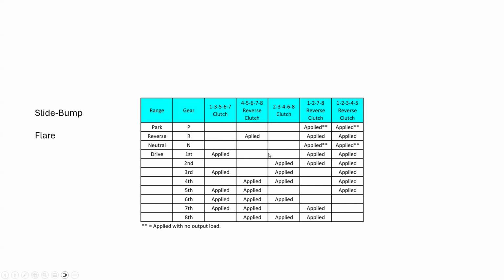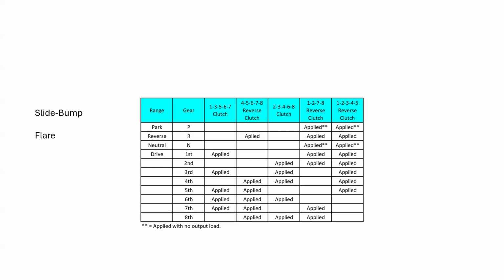Now, a flare is when there's a momentary lapse and neither is applied adequately to deliver the torque through the transmission. So it could be that the first clutch releases way too quickly and it hasn't had time for the second clutch to apply. You're momentarily in neutral, or the first clutch is releasing, but there's some problem in the second clutch that it comes on too late.